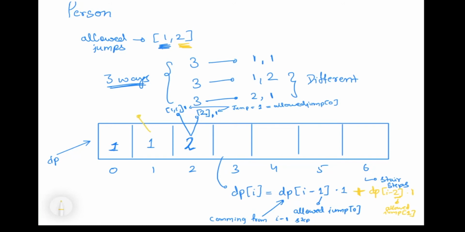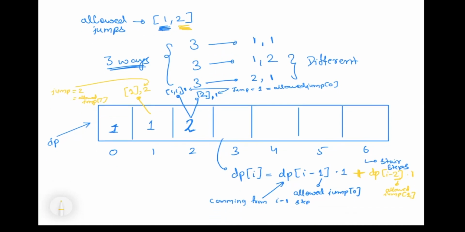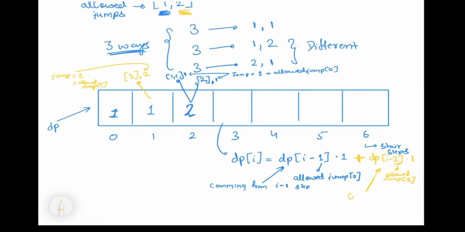So now we are coming to stair 3, that is i, from stair 1, that is i minus 2. The possibilities we have to reach the first stair is just 1, and we are adding 2 to it because the jump is now 2. So the total number of ways to reach the third stair from the first stair is 1, 2. 2 is nothing but the jump, and the jump is the element from the allowed jumps array.